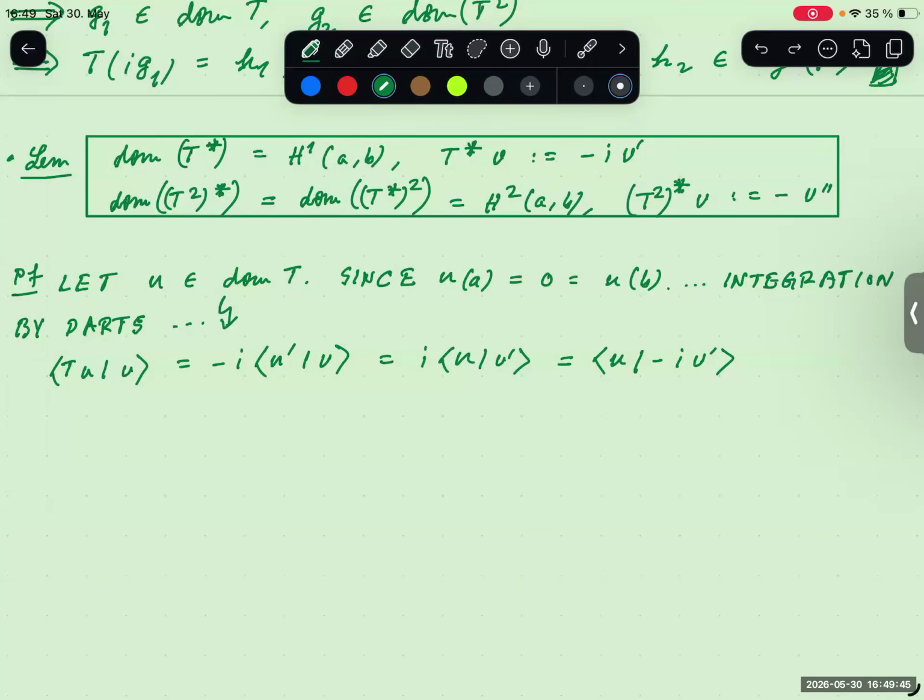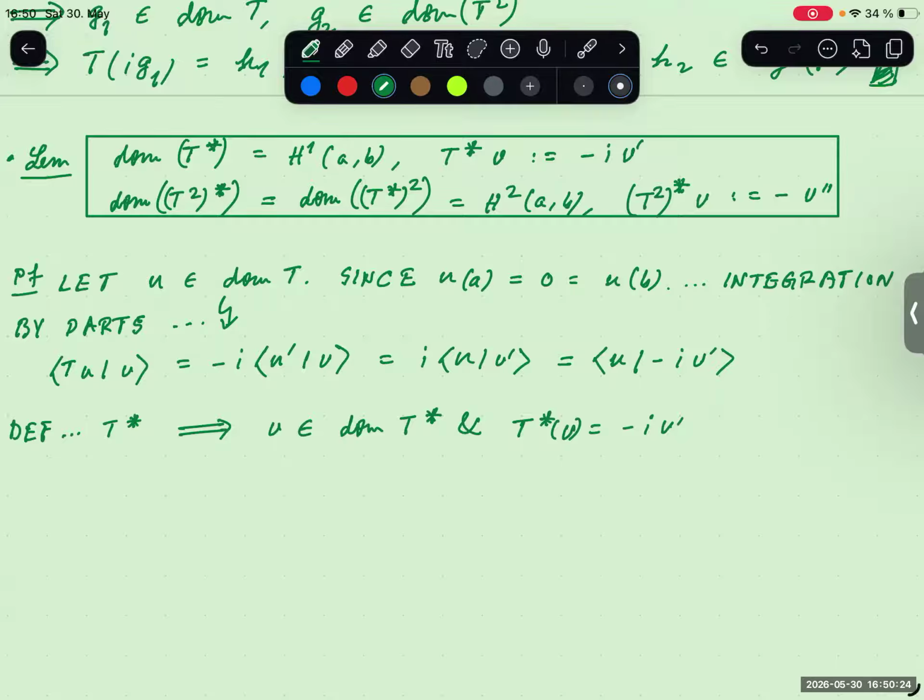By the definition of T star, it follows that V is definitely in the domain of T star, and T star V equals minus i V prime.